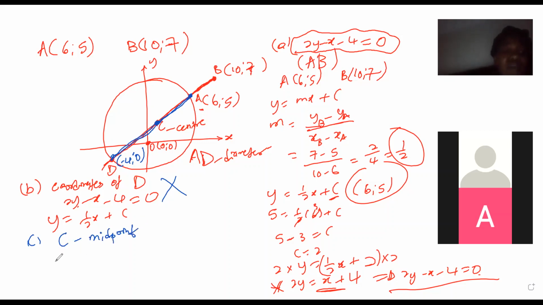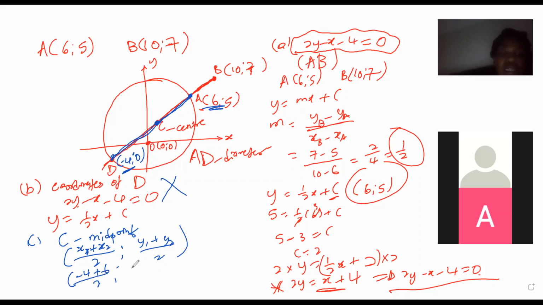So if C is the midpoint, the formula for the midpoint is x1 plus x2 over 2 and y1 plus y2 over 2. Then our x1 is -4 plus the other x, which is x for A. So we're using D and A.